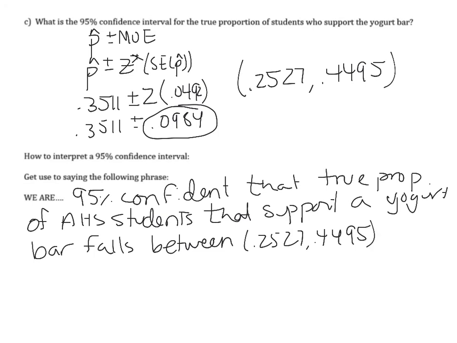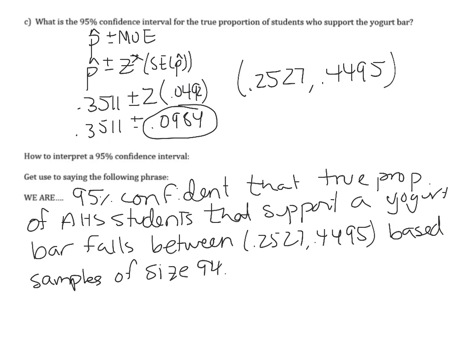So we believe that the true proportion is somewhere between about 25% and 45%. And this is based on a particular set of circumstances, the most important of which is a sample of size 94. So based on samples of size 94.